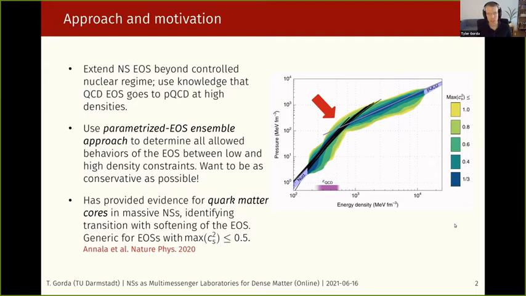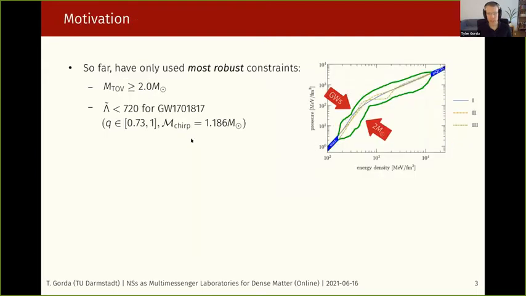So this is what we have done in the past, and also all that's gone into that figure that I just showed you was the two high and low density constraints from theory, that the TOV mass for every equation of state in that ensemble is greater than or equal to 2 solar masses, and that the lambda tilde constraint coming from GW170817 is satisfied for the low spin priors.